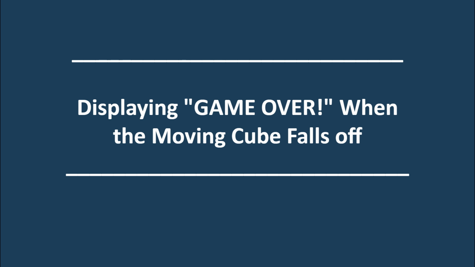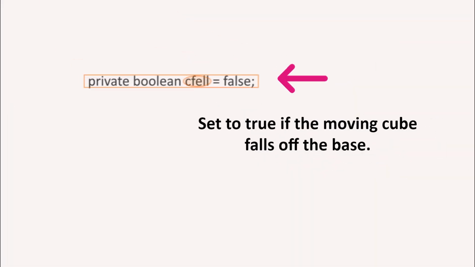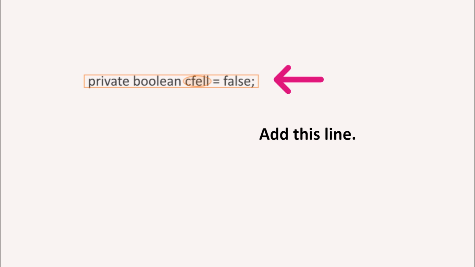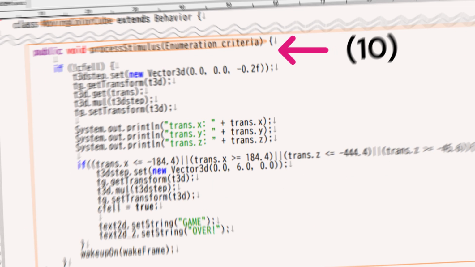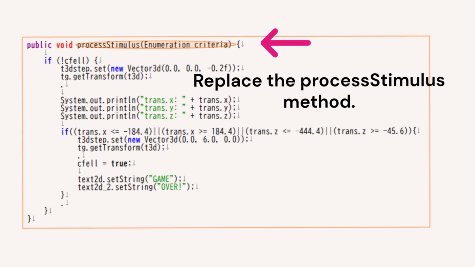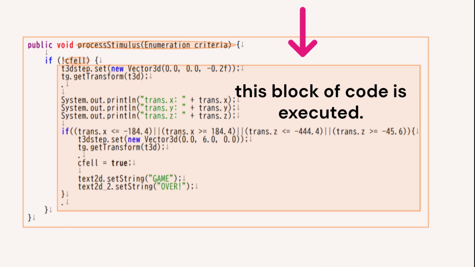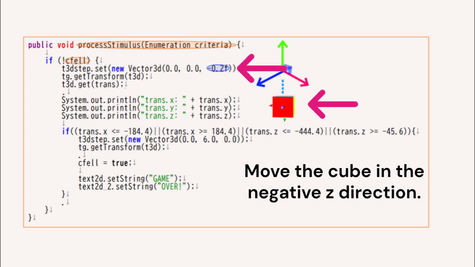Displaying Game Over when the moving cube falls off. 9. Set to true if the moving cube falls off the base. Add this line. 10. Replace the processStimulus method. If the moving cube hasn't fallen off the base yet, this block of code is executed. Move the cube in the -z direction.